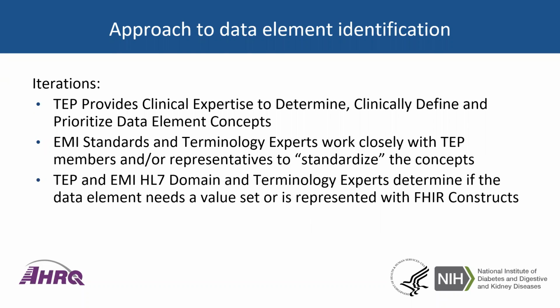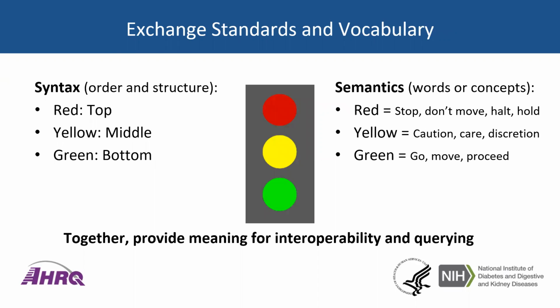Next slide. A little bit about exchange standards and vocabulary. There's syntax and there's semantics. The syntax is the structure that represents the exchange standard. In this case, we're focusing on FHIR, which defines all the attributes and elements of common concepts. Sometimes we find there's missing information, missing attributes or elements, but in most cases the things we desire to represent the concept are in those structures.